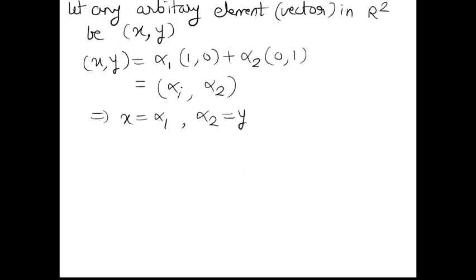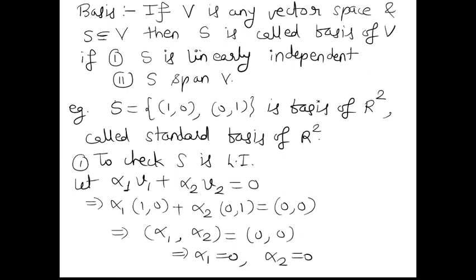As the values of these two scalars exist, it is sufficient to show that (x,y) is written as a linear combination of elements in S. So this implies S spans V. As both the conditions are satisfied, the set S containing (1,0) and (0,1) is a basis of R square.